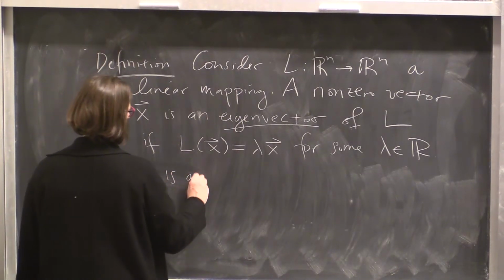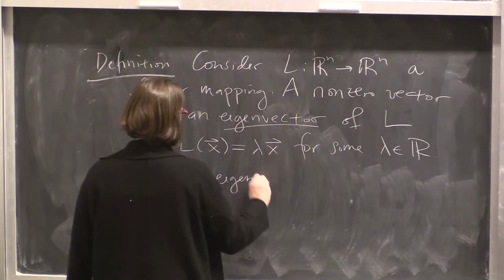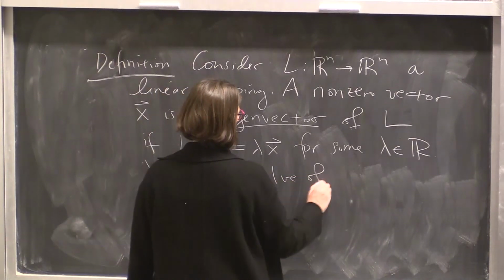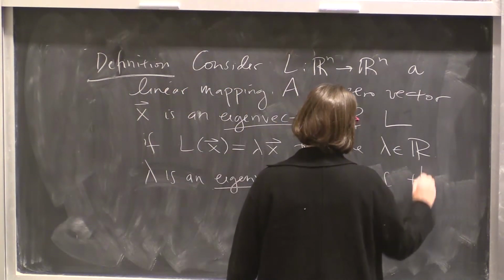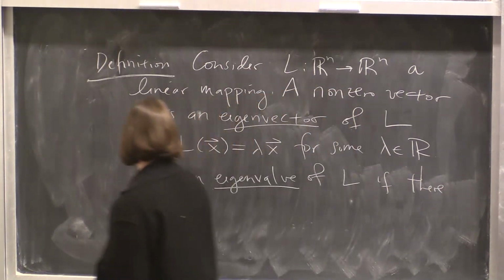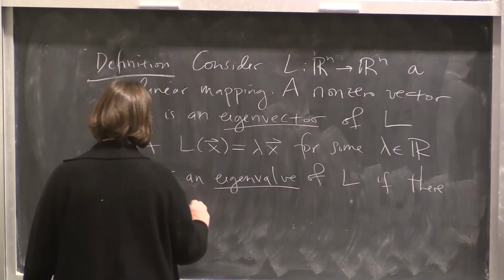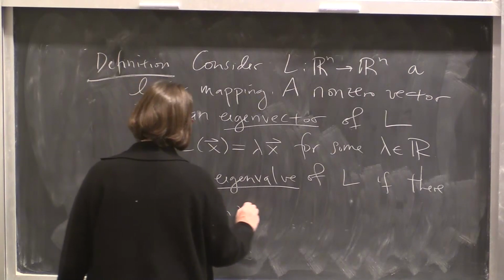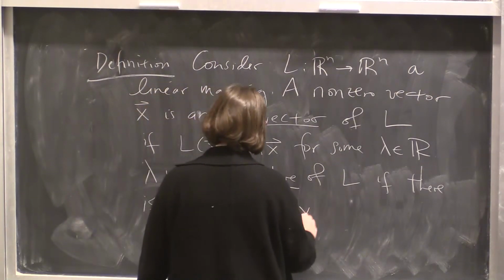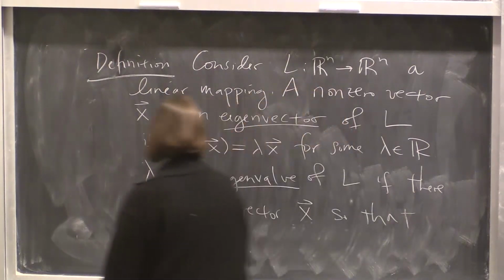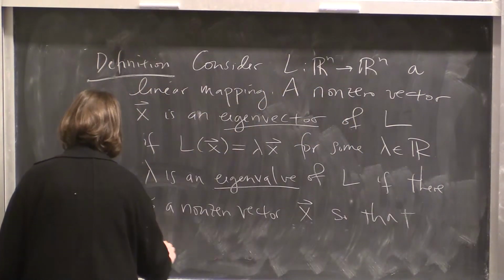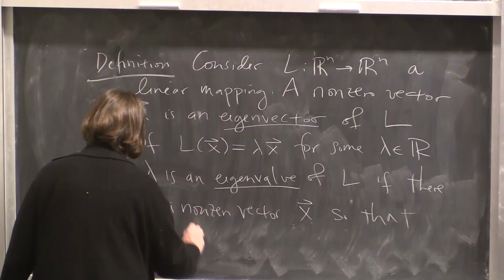Lambda is an eigenvalue of L if there is a nonzero vector x so that the linear mapping on x is lambda x.